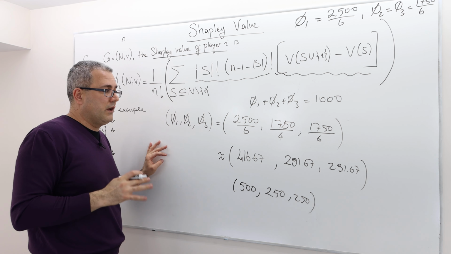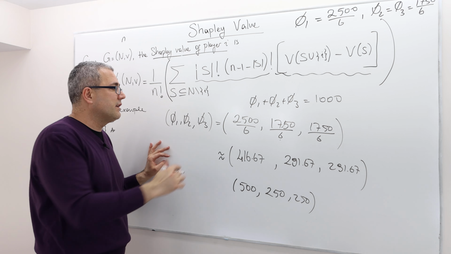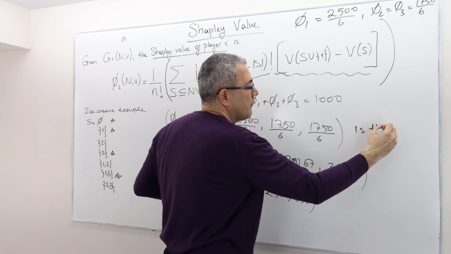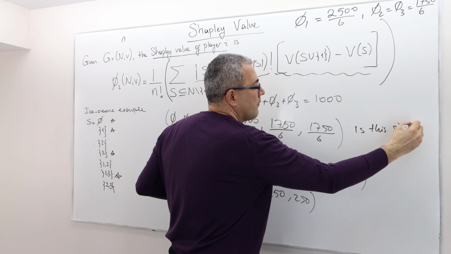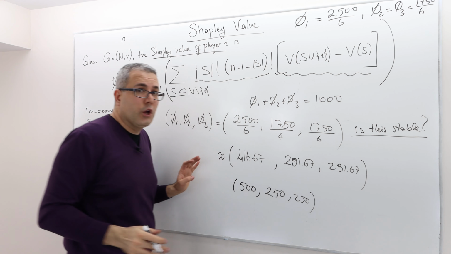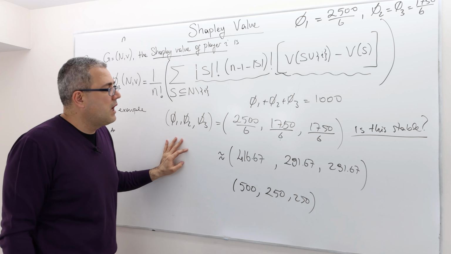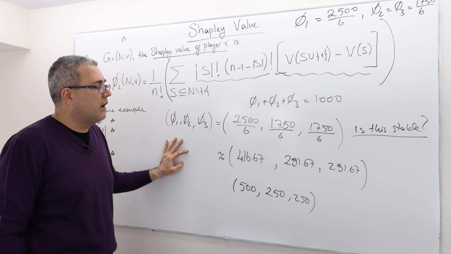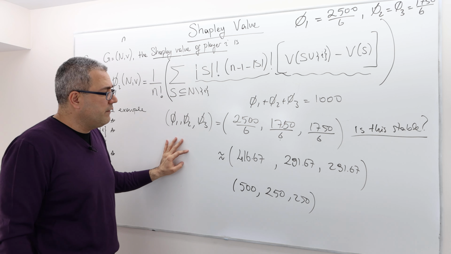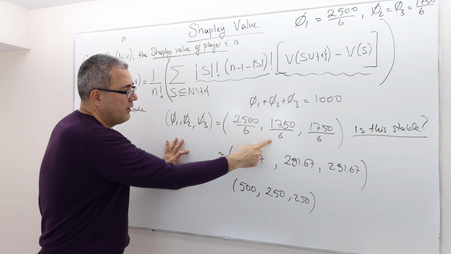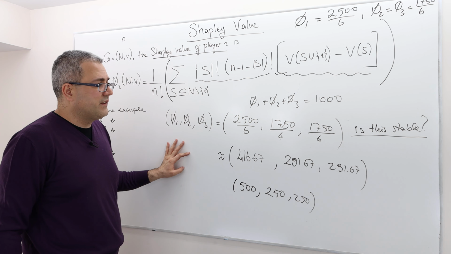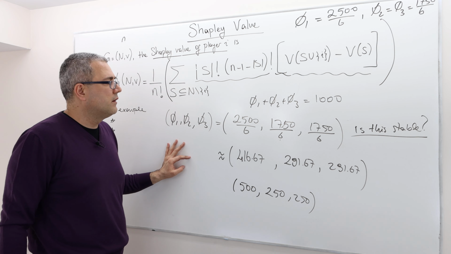One thing I would like to argue, though, is, is this stable? Fairness is good, but is this stable? And the answer is no, it's not stable. How do I know that? If you add these up, it's less than 750.